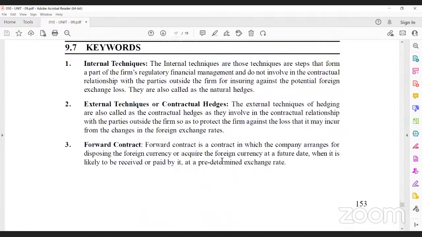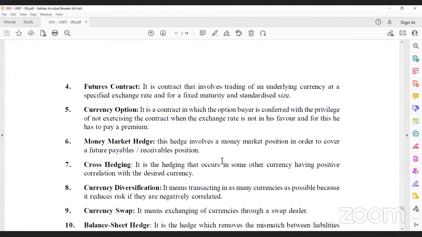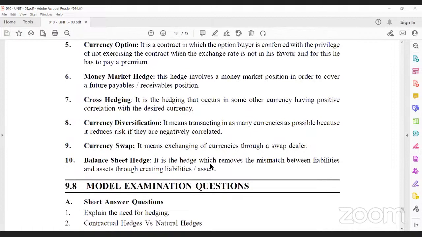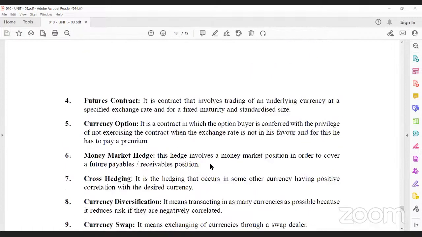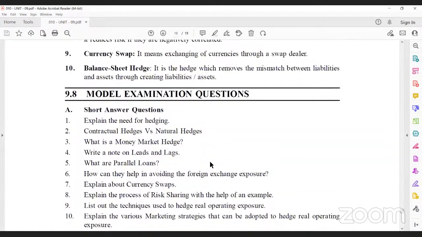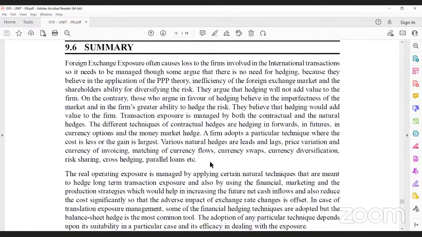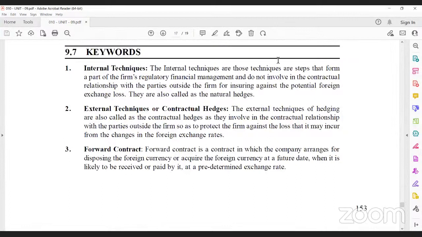See here, in the keywords, the various terminologies which have been used in this: currency swaps, balance sheet hedging, money market, currency futures. Equip yourself with all these keywords. Your conceptual knowledge will increase, followed by focus on learning.